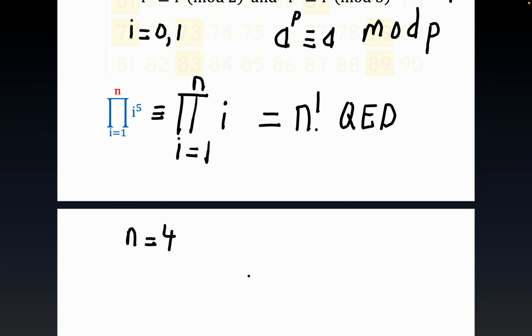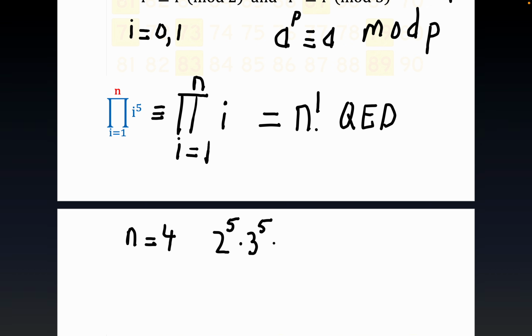So what does that mean? We would get that this leads to, I'll leave out the 1, of course, it's not important, 2 to the 5th times 3 to the 5th. And you can actually see this.